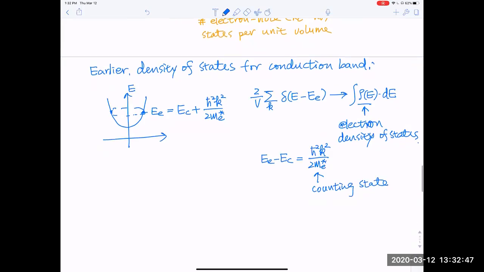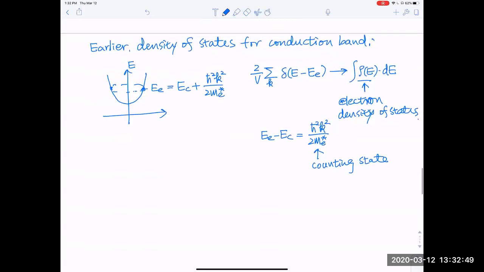This is very similar to counting free electron density of states, okay? And we have derived rho of E as a function of energy, E. This is equal to 1 over 2 pi squared times 2 m_e star divided by h bar squared to the power of 3/2. And these are all constant.